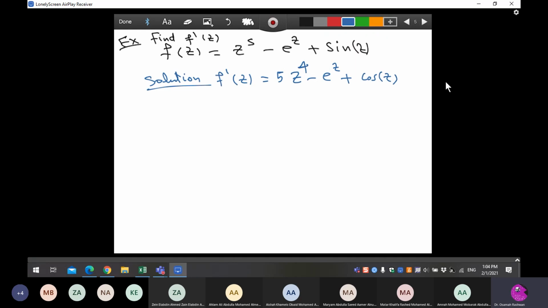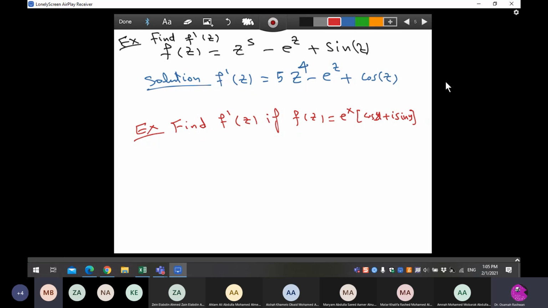But what are you going to do if I'm just giving you: find f dash of z, where f of z equals e to the x cosine y plus i sine y. I have x and y here, so what am I going to do?